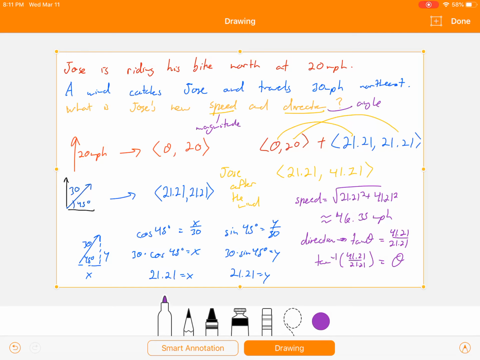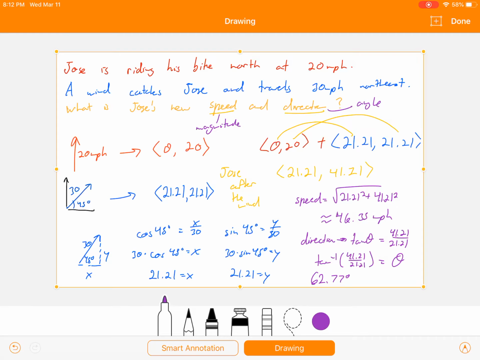So let's see. 41.21 divided by 21.21, and then we do the inverse tangent of that, and you should get 62.77 degrees.